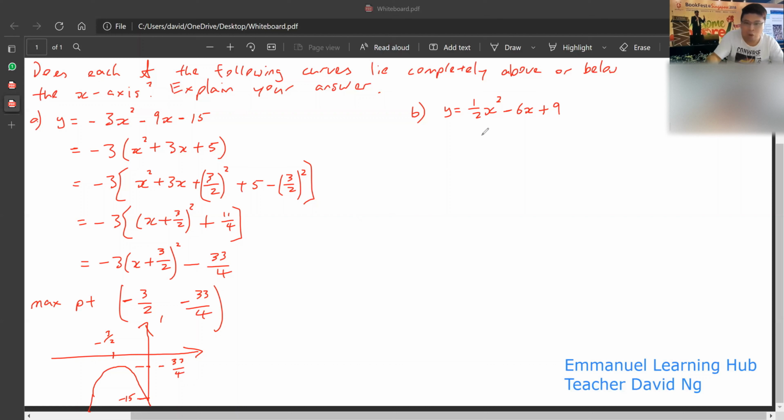Then this one, same thing, complete the square. Okay, this one you be careful. I'm factorizing out my half. Understand? Yep. You're factorizing out half. You're not factorizing out 2.